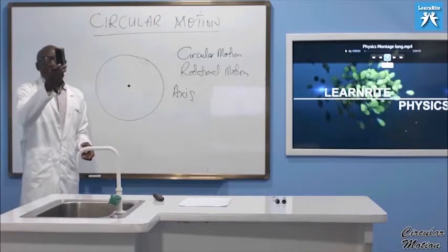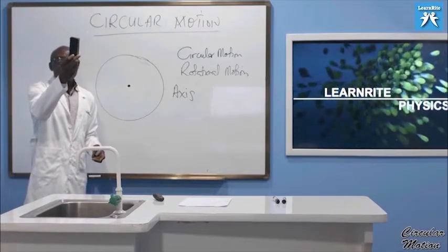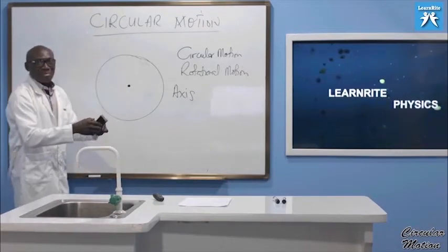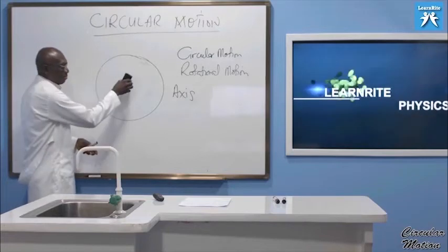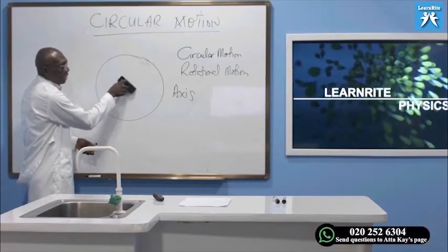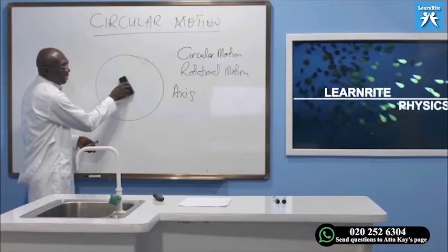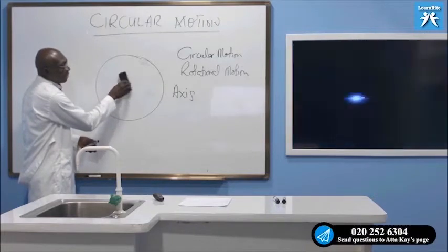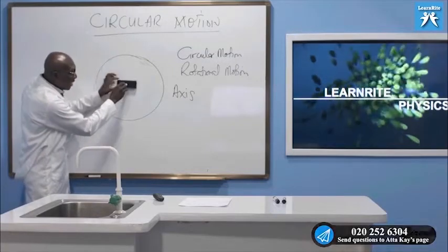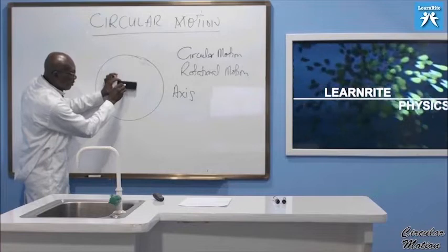I'm going to take this as a body moving to describe this circle, and watch it. The body is doing this. Can you see that? And it is describing the circle. And where do you find the center? The center is right inside the body. You can see it.